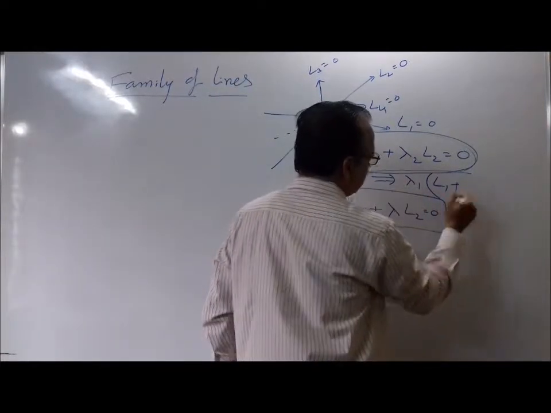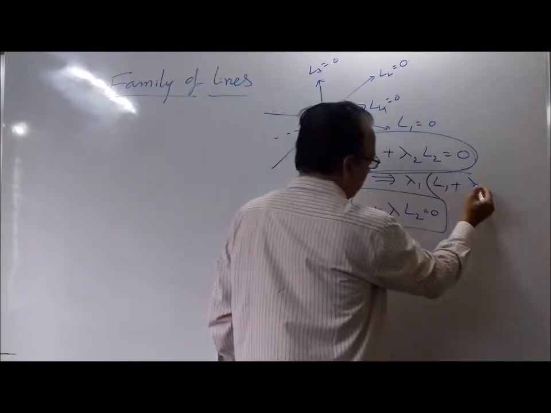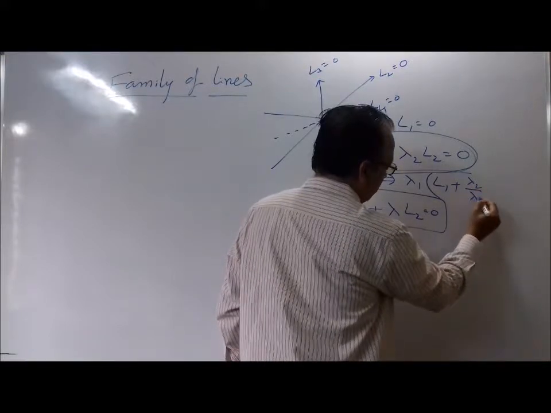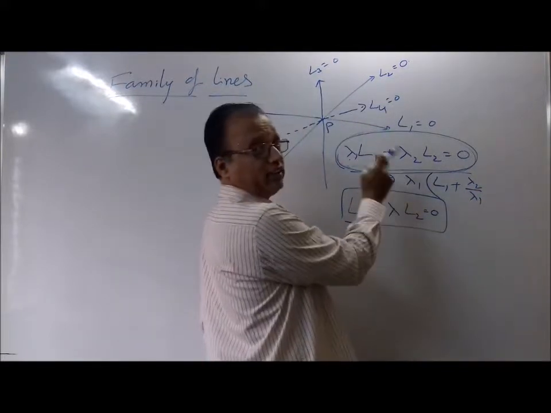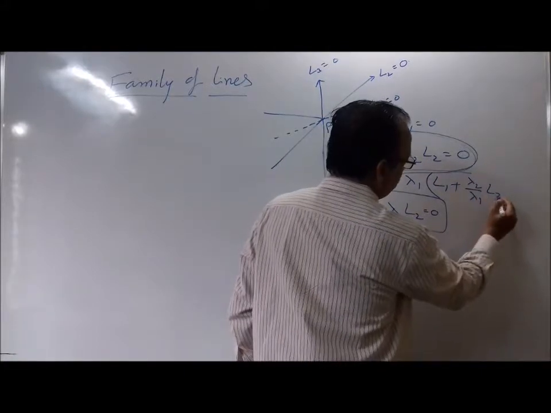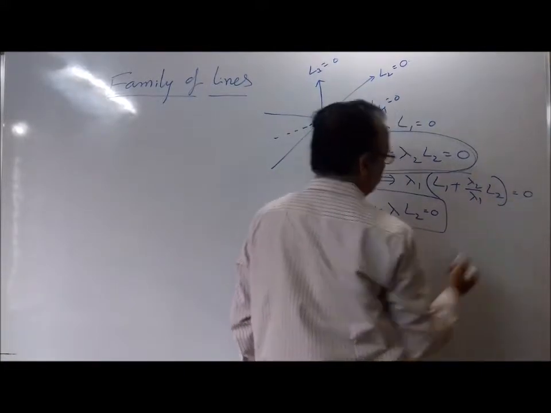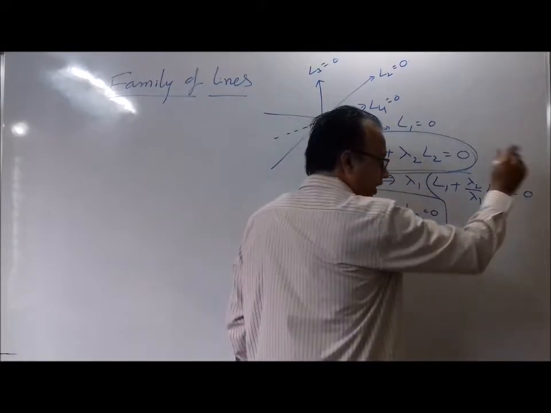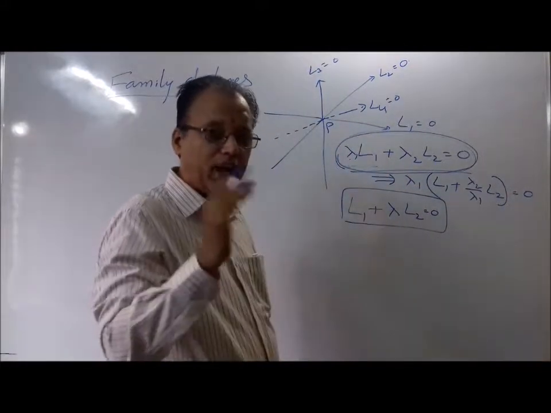L1 plus lambda 2 by lambda 1 into L2 equal to 0, because lambda 1 goes to the other side, 0 by lambda 1.